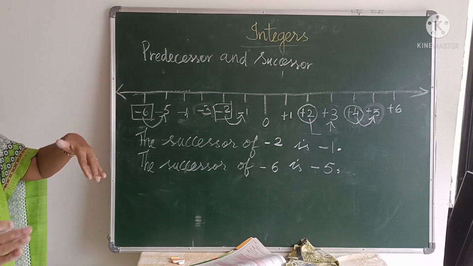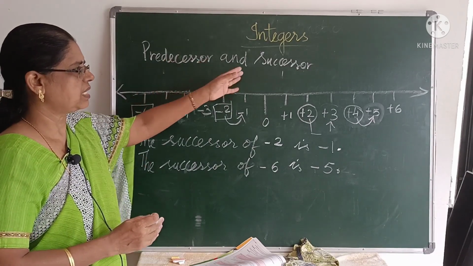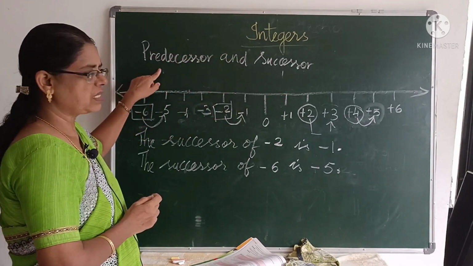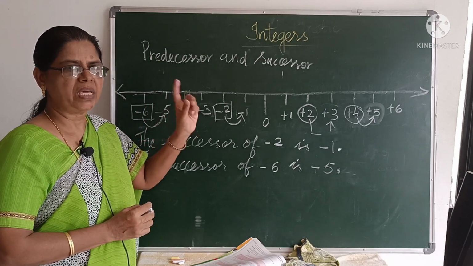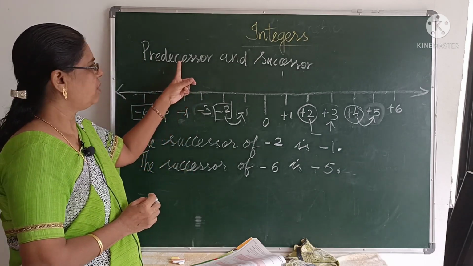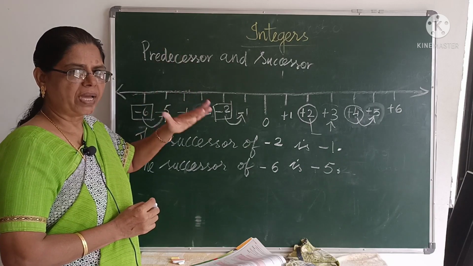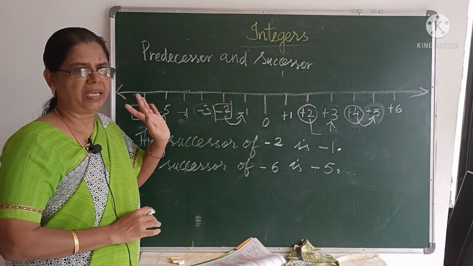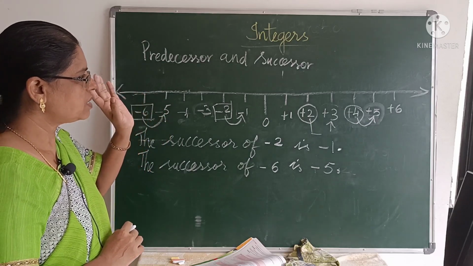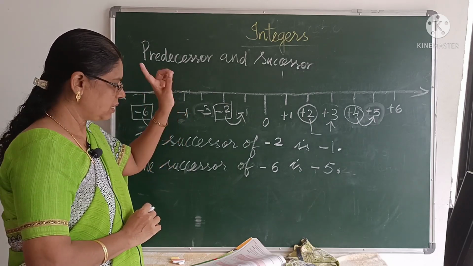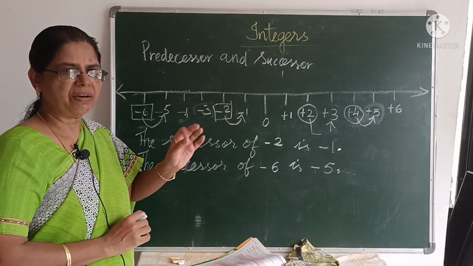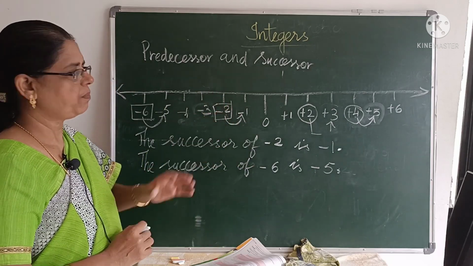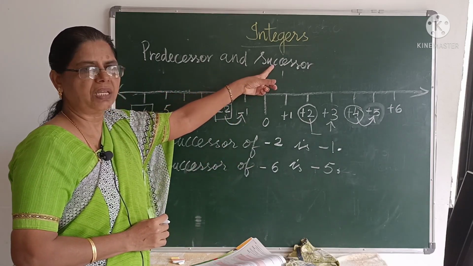So children, what did we learn about predecessor and successor? The predecessor of a given integer is always 1 less than the given integer. To find out the predecessor of the given integer on a number line, you should always look to the left of it. And what is the successor of the given integer?